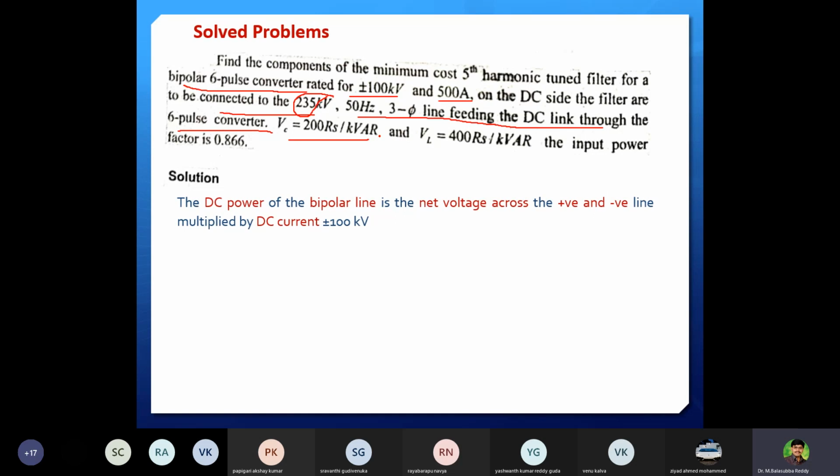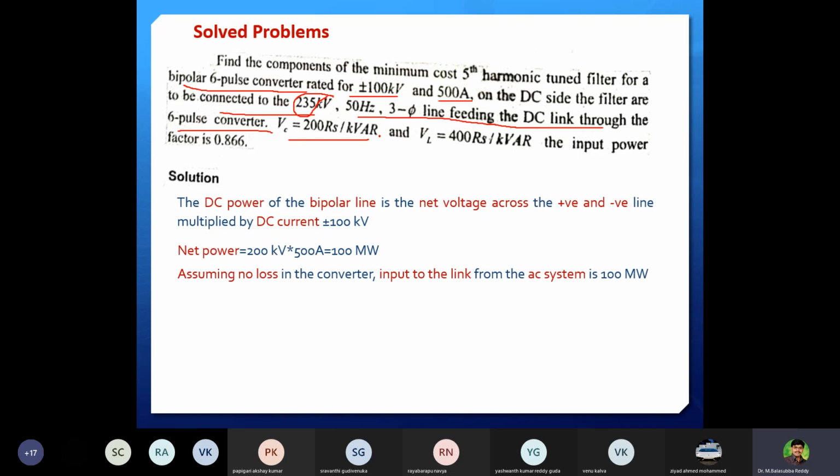Now the DC power bipolar line is given as plus or minus 100 kV. You can see in the data that there is a 6 pulse converter with 200 kV and 500 amperes current.